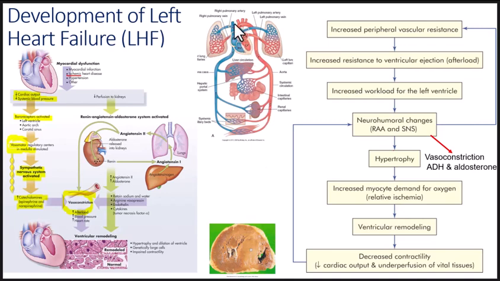Think about a river that all of a sudden narrows. It's going to cause the water in the wider part of the river to back up, because it can't all get through that narrowed area. So that's going to increase our afterload, the resistance that the left ventricle has to overcome to push blood throughout the body.